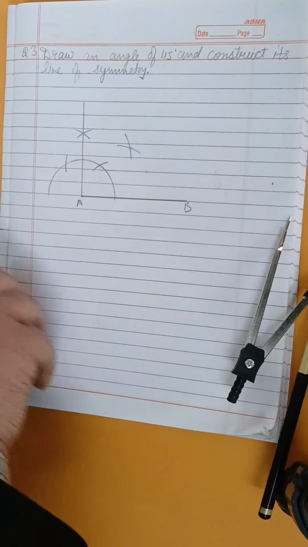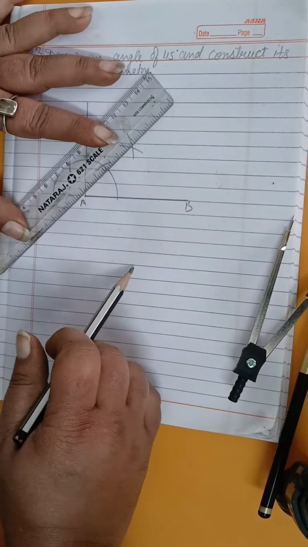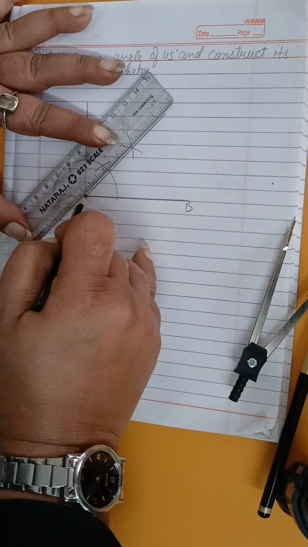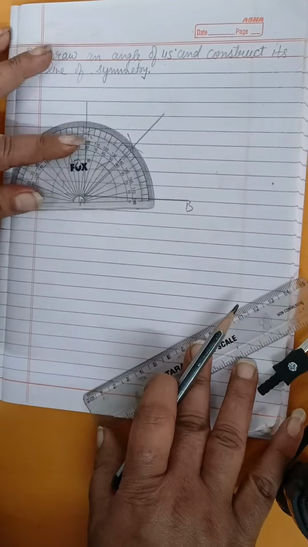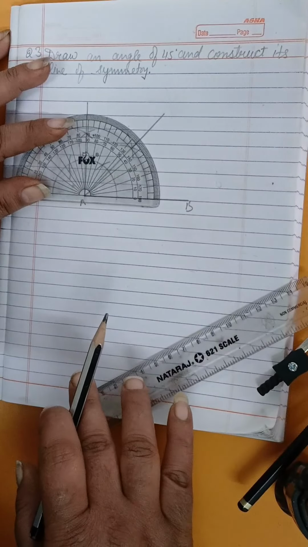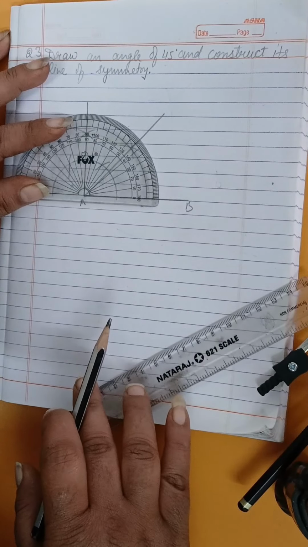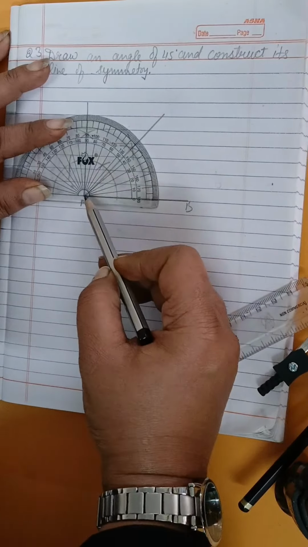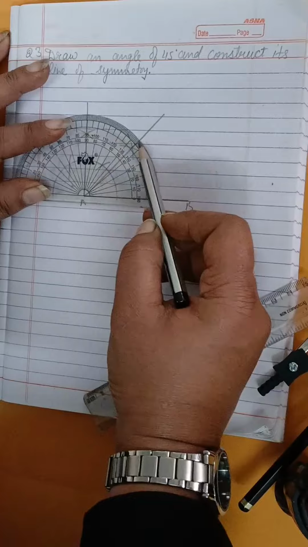It should be an angle of 45 degree. I will pass a line from the intersection point and join it with point A. See, it is an angle of 45 degree. Okay, it is for 90 and it is for 45.